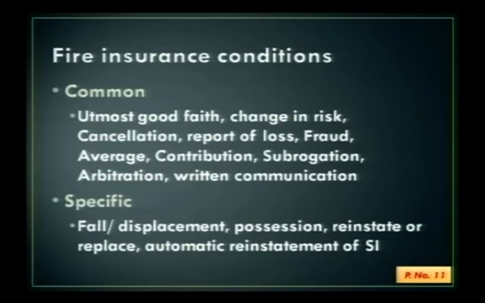An example: a property is insured for 10 crores. A loss of 3 crores is reported. Immediately after the loss, the balance sum insured under the policy will stand reduced to 7 crores, that is 10 minus 3. But in fire insurance, the sum insured is immediately reinstated to 10 crores. How is it done?